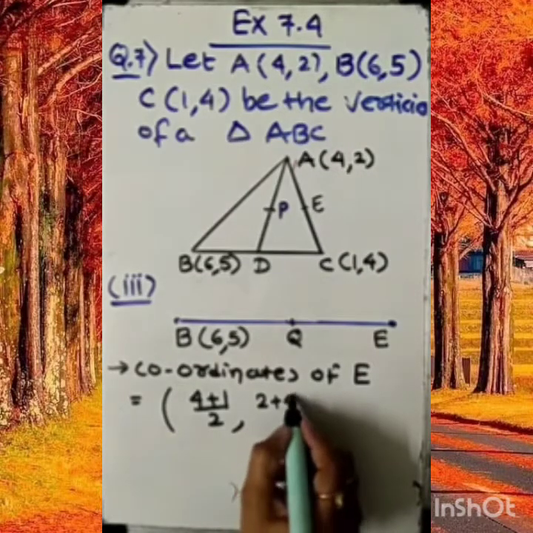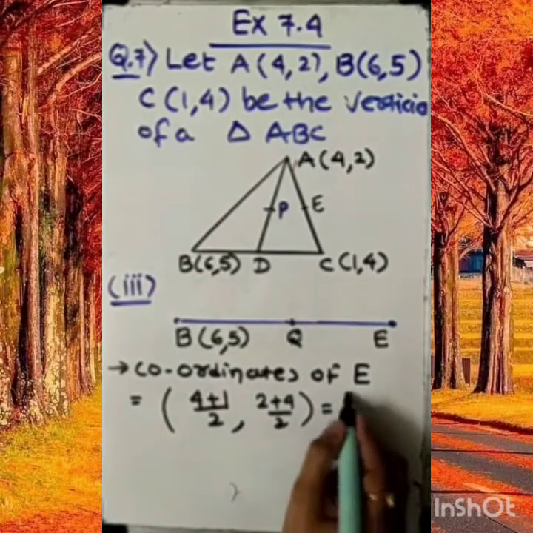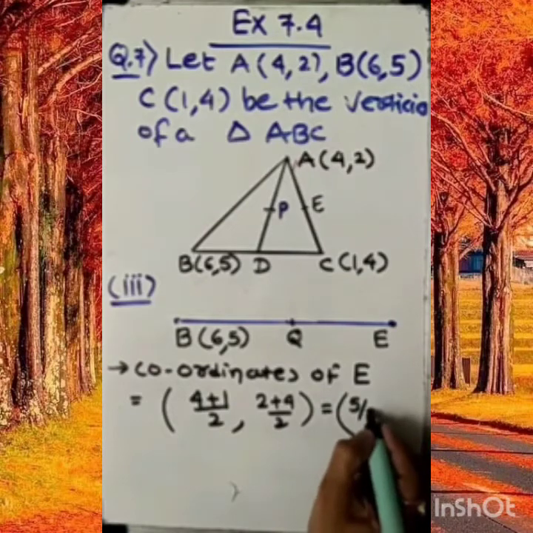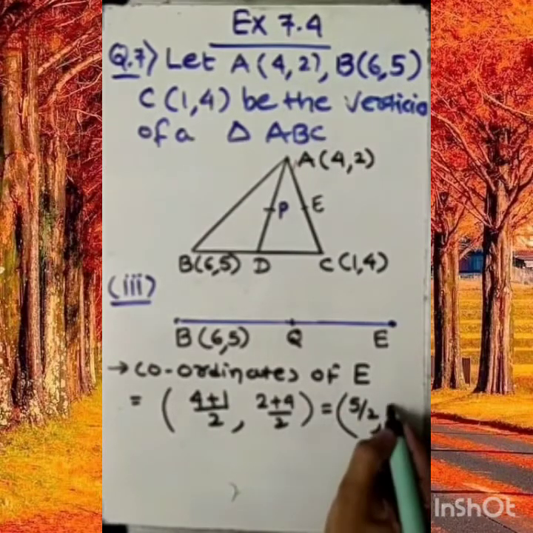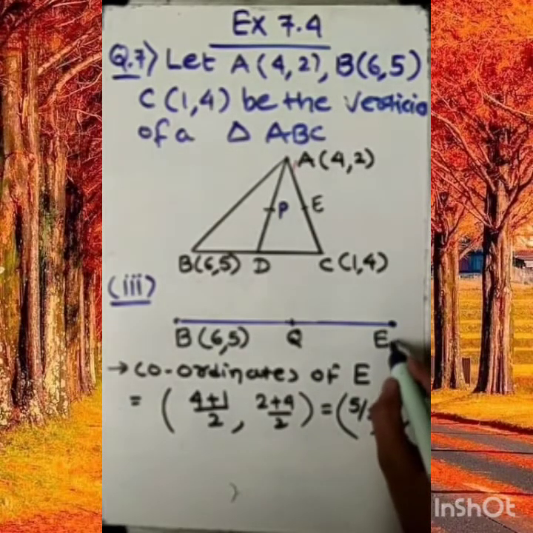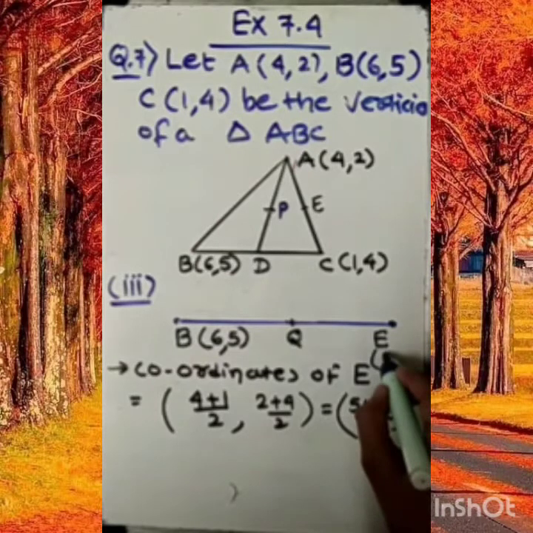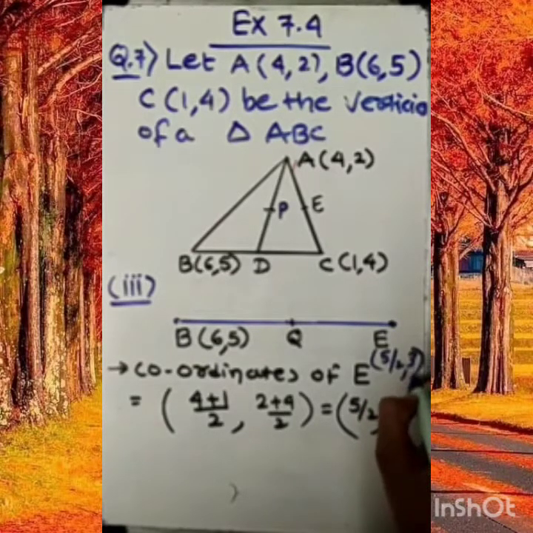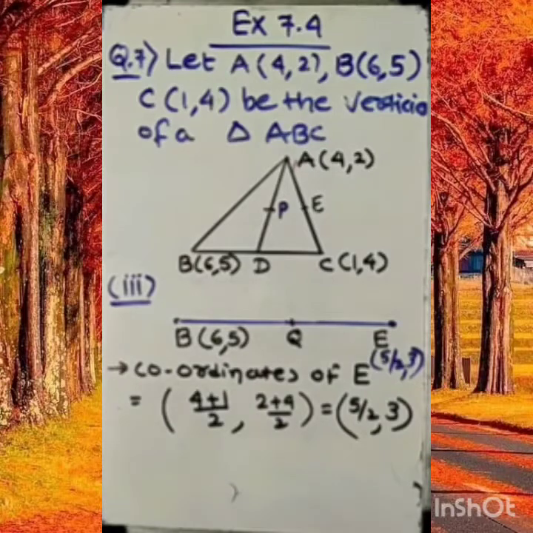So this will become the coordinates 5 by 2, comma 6 by 2, that is 3, directly I am mentioning. So the coordinates of point E are 5 by 2, comma 3. Here I need to mention this is 5 by 2, comma 3. Got it? Now this we are going to apply in our section formula.